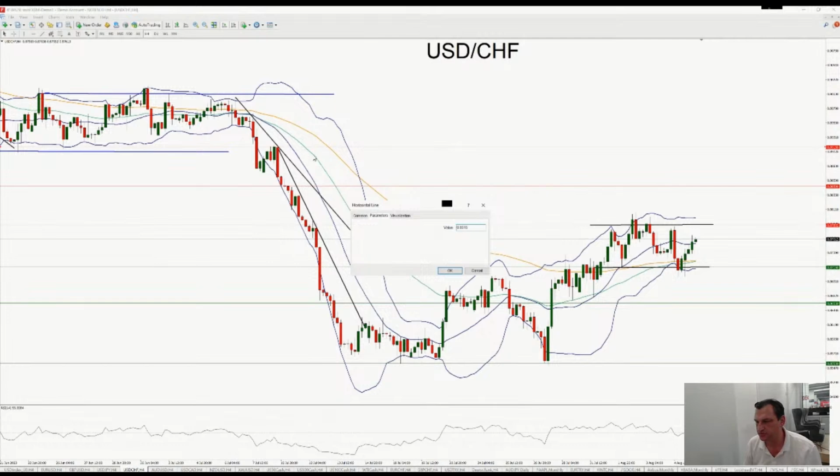Starting with the R3, which is being placed now at 0.8915. R2, which is being placed at, let's have a look at that again, 0.8850.